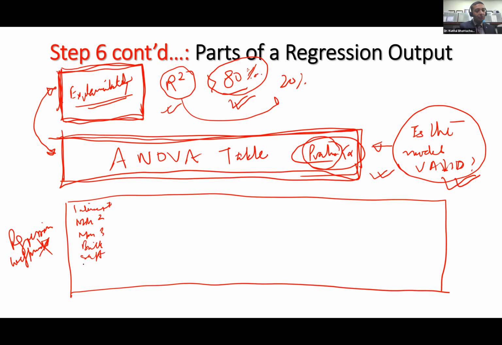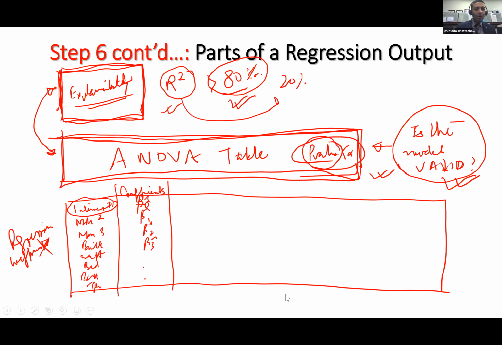square footage, bedroom, bathroom, offer. So all of them will be highlighted here. And then you'll have coefficients of all of these variables. These are your beta naught hat, beta 1 hat, beta 2 hat, beta 3 hat, and so on and so forth.